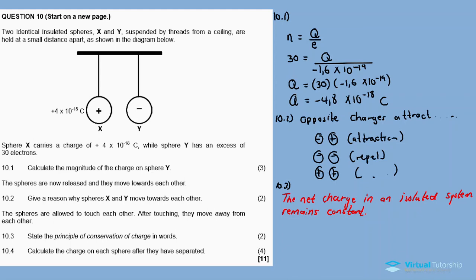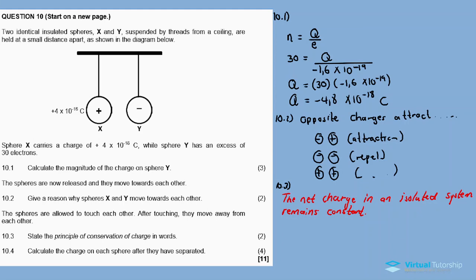So in an isolated system, if I touch the positive sphere X and the negative sphere Y together and then separate them afterwards, no charge will be lost, but it is maintained within that system.